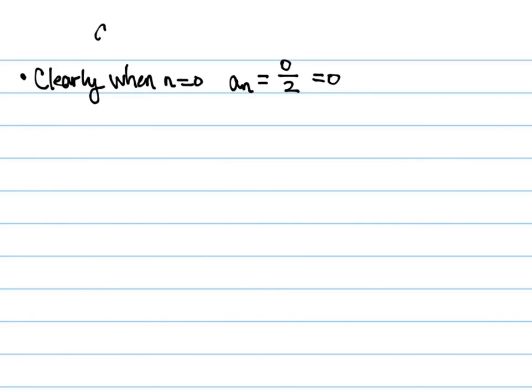Let me jot that down here as reference. If n is equal to 0, I didn't mean 0, that's a typo. I just copied it wrong from my notes, I should say 1. When n is equal to 1, there we go, a sub n is actually equal to 0, right? And it's increasing. So this is the lowest it's going to go. We know it's increasing from beyond that.